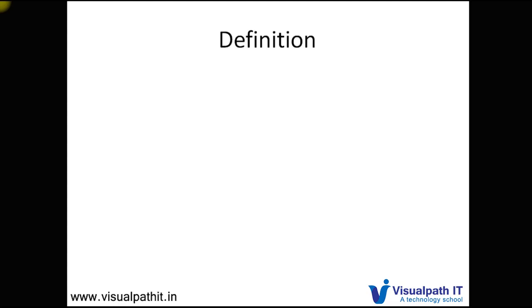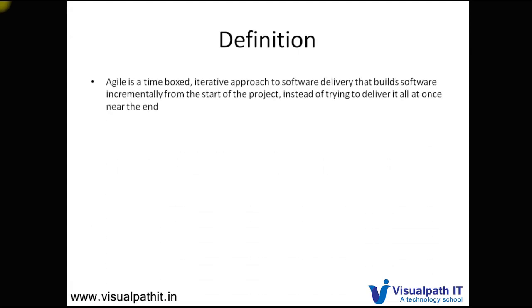Now we have understood at a higher level what Agile is. Now let's see the definition. Agile is a time-boxed iterative approach to software delivery that builds software incrementally from the start of the project instead of trying to deliver it all at once near the end. As we discussed, we divide the whole project into time-boxed sprints and follow an iterative approach.